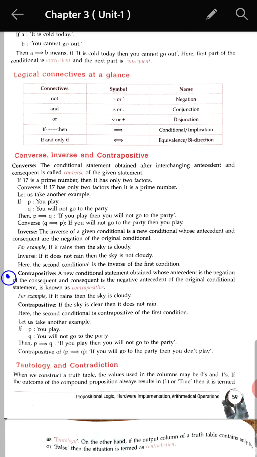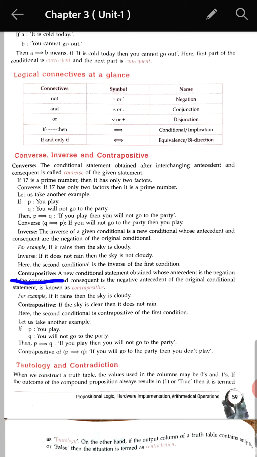Then, contrapositive. Contrapositive contains converse as well as inverse, both together inside one. It means what you have to do? You have to apply converse as well as inverse in contrapositive.